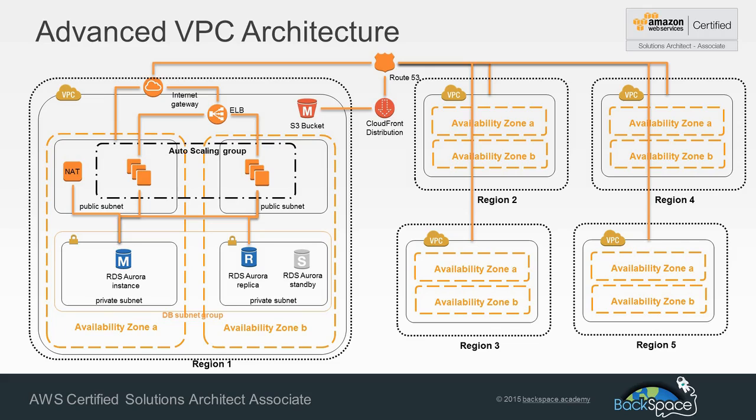So then we would have a global architecture that will be fronted with Route 53 to distribute that traffic to the least latency or to the best geolocation. And we'd also have that CloudFront distribution, again, distributing with the minimum latency for your end user.